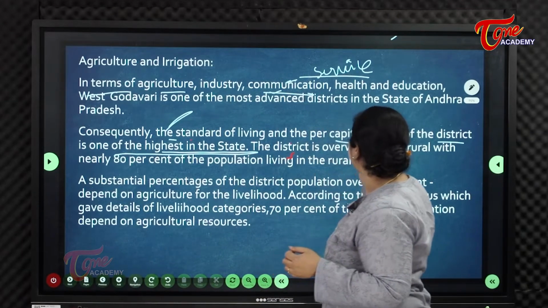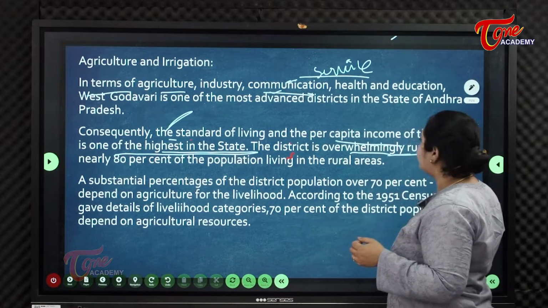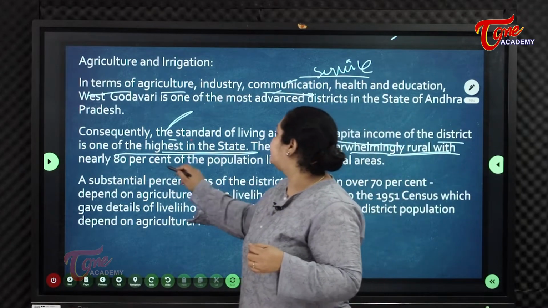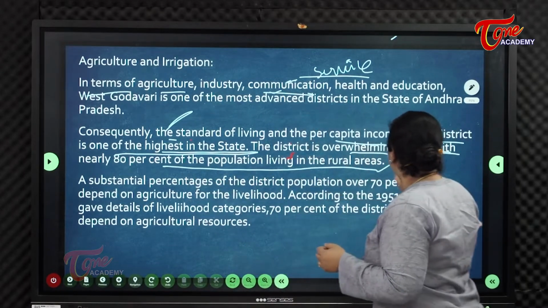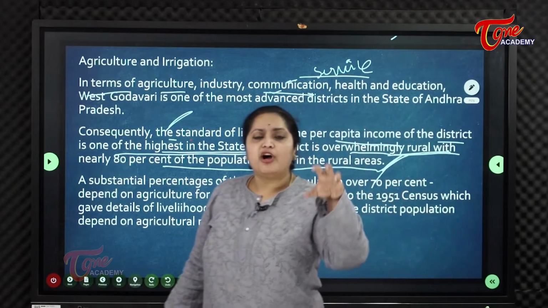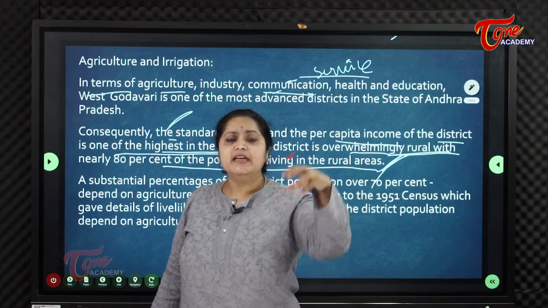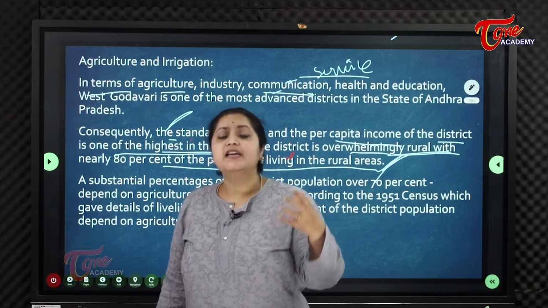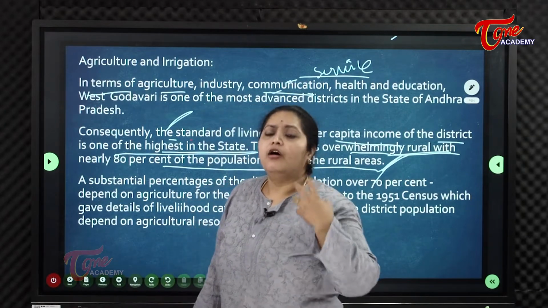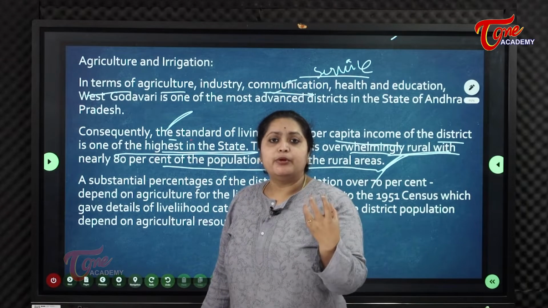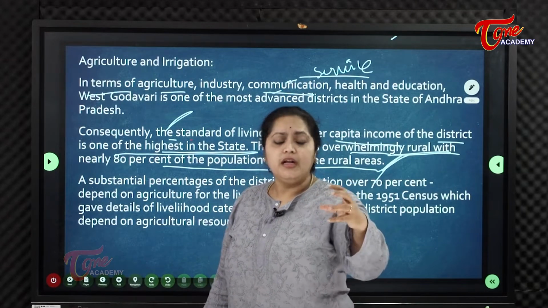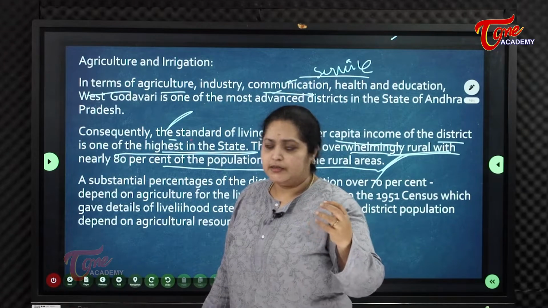The district is overwhelmingly rural, with nearly 80% of the population living in rural areas. So it is predominantly a rural population rather than an urban population. Almost 80% of the people stay in the rural areas of the district.